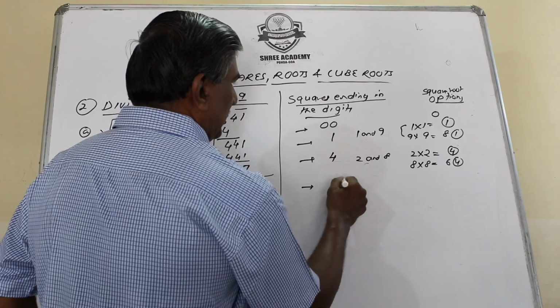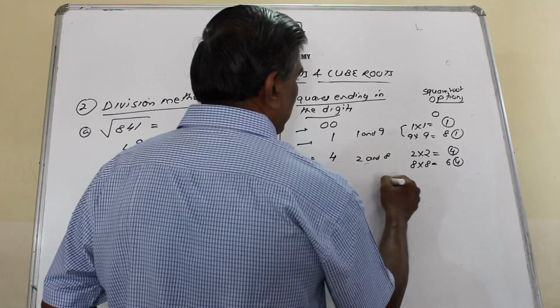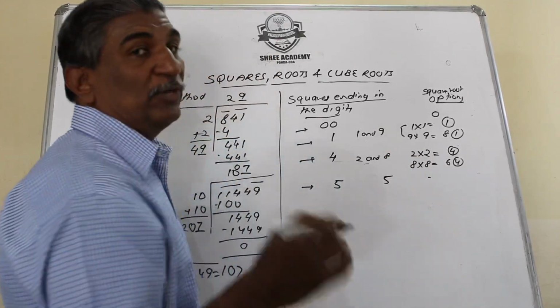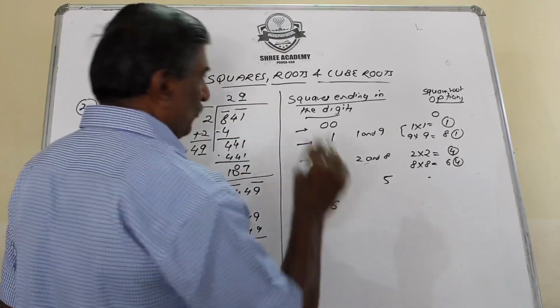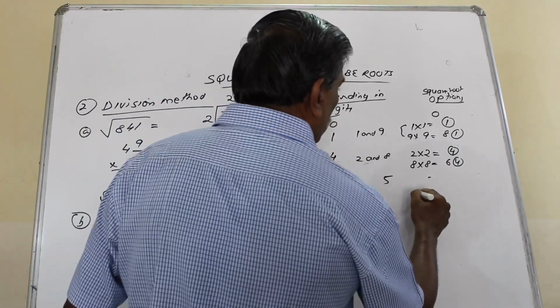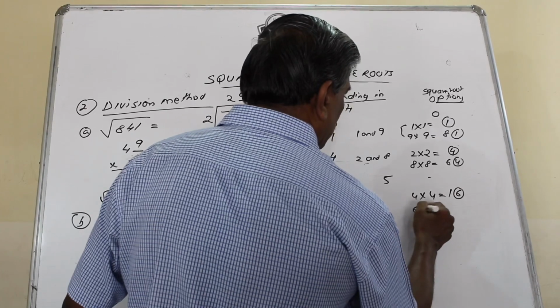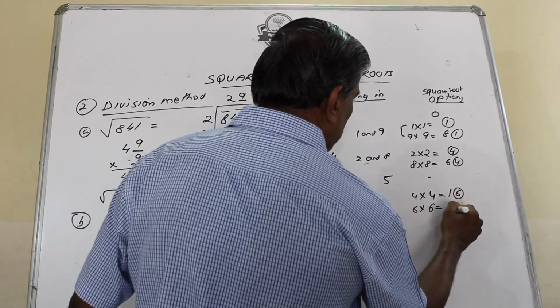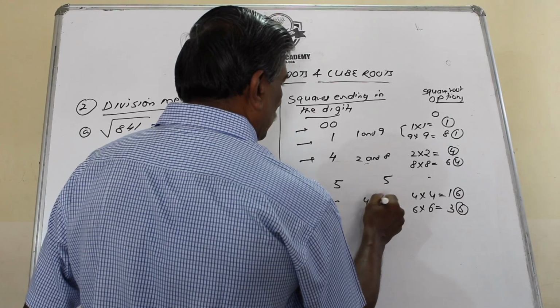Now when a square is ending in 5, obviously it has no other option but 5. Now what if it ends in 6? For 6 we have two options. 4 into 4 means 16, 6 into 6 means 36. So the options available to me are 4 and 6.